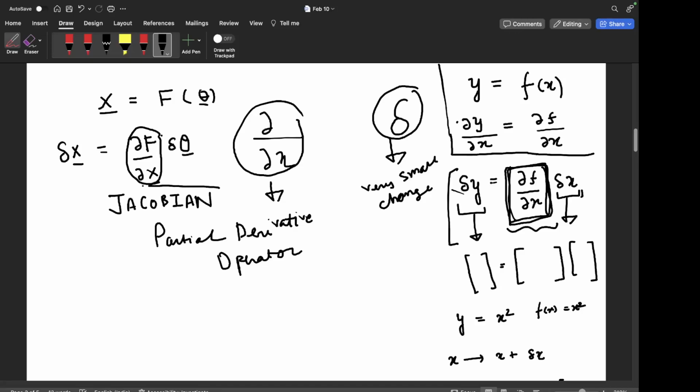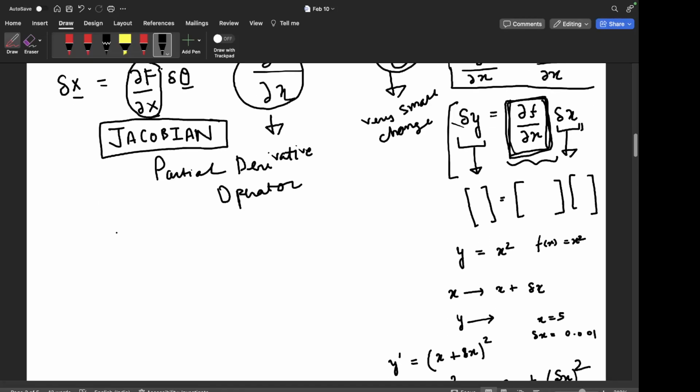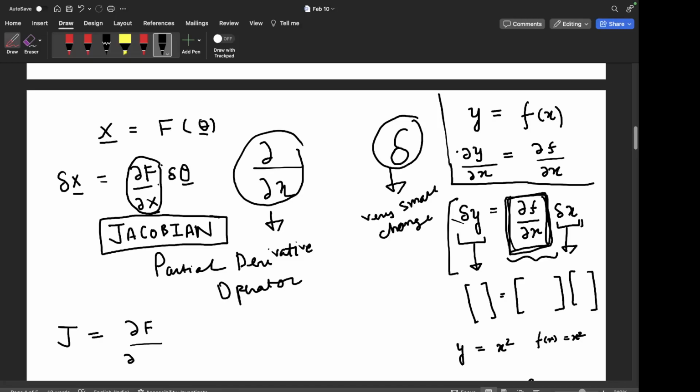Jacobian, right? So Jacobian is del f by del, I wait, small mistake here, I mixed up notations.